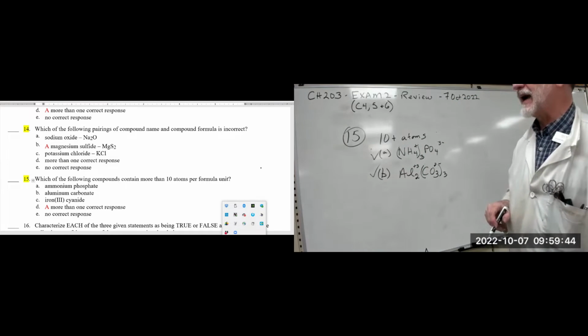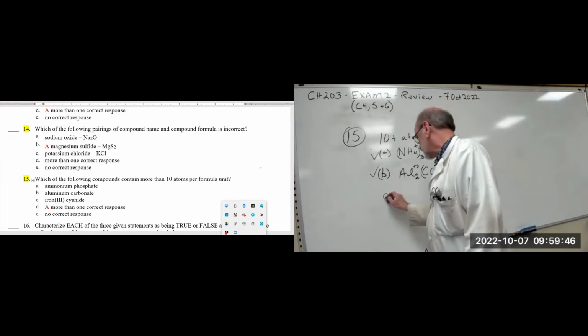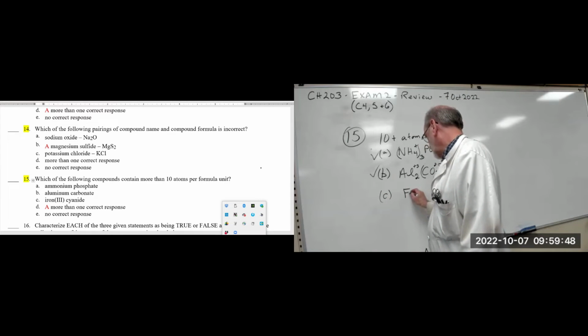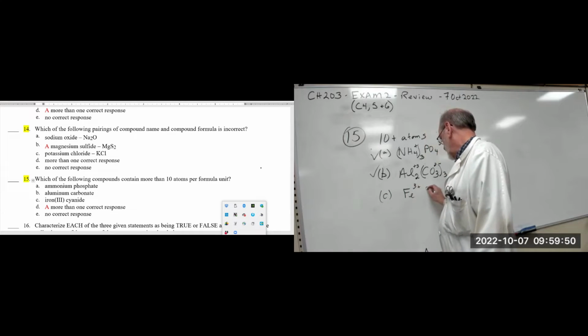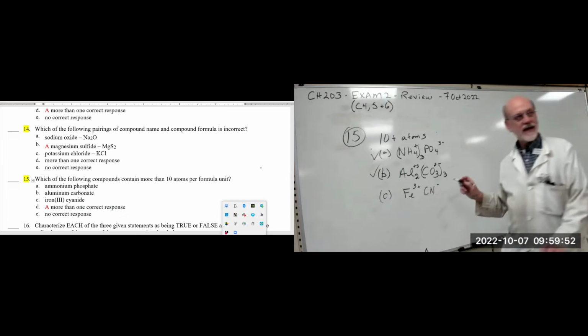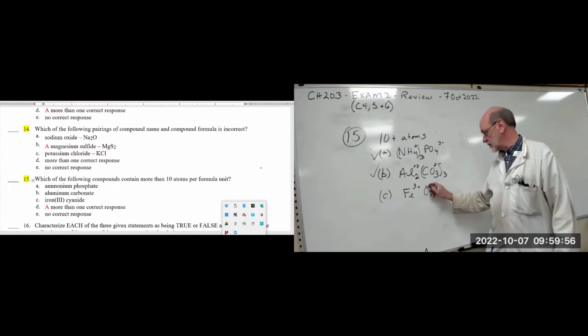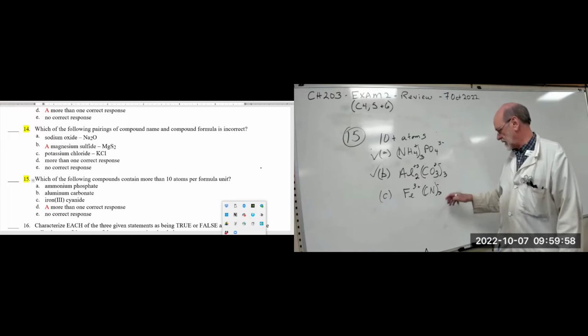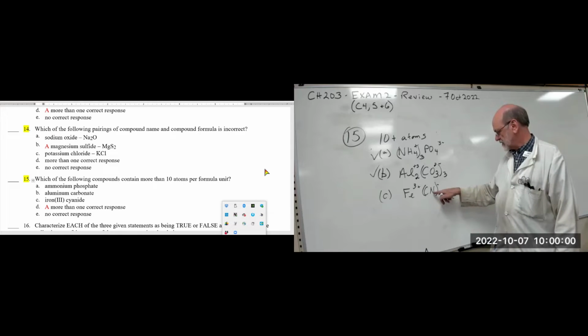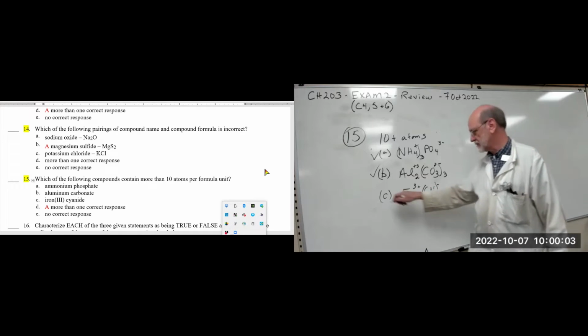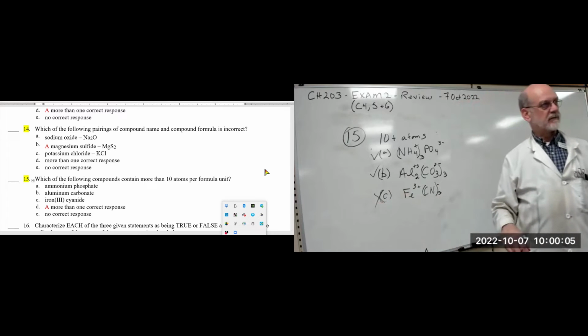How about iron 3 cyanide? Cyanide's a polyatomic ion, but we need 3 of them to balance that plus. So 3, 6, 7. That's not more than 10.